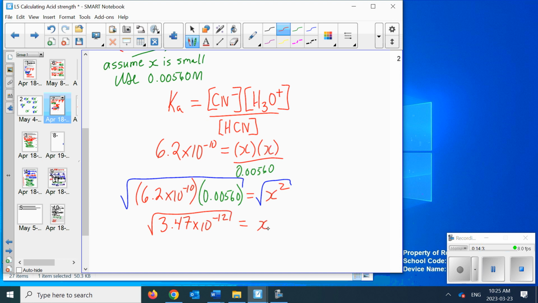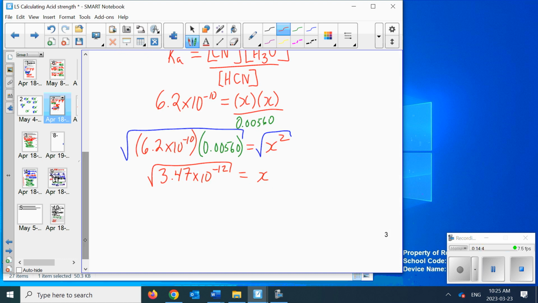All right? So how many significant digits should we use? Because we had 6.2 going in, I'm going to just use 1.9. You've got to count the decimals.